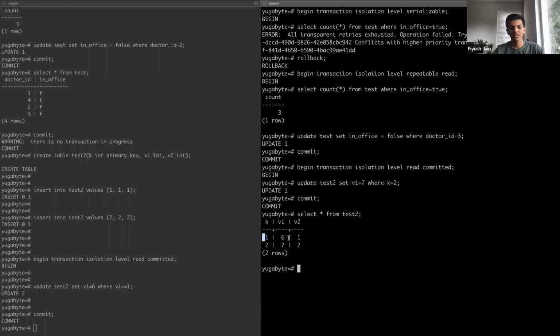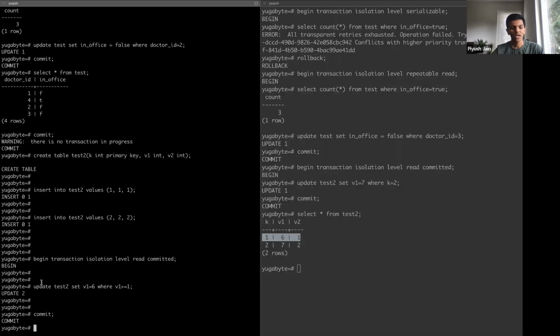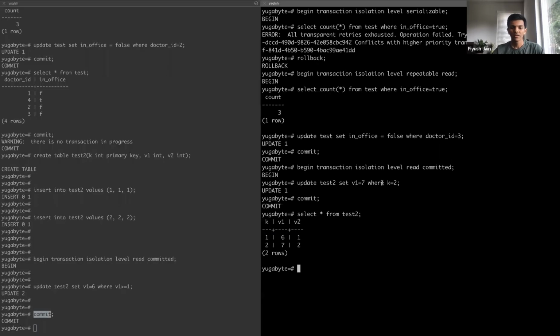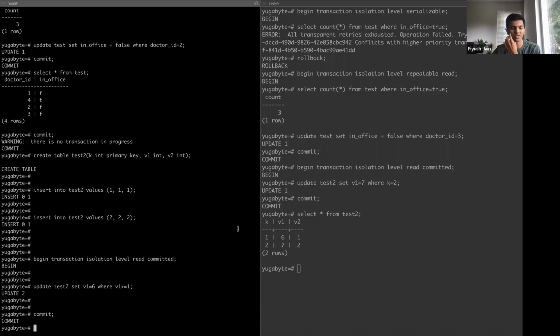So what essentially happened is as soon as you make the commit here, this transaction is going to reread the tuple k equals 2 and it will update that, right? So yeah, that is what happens here.